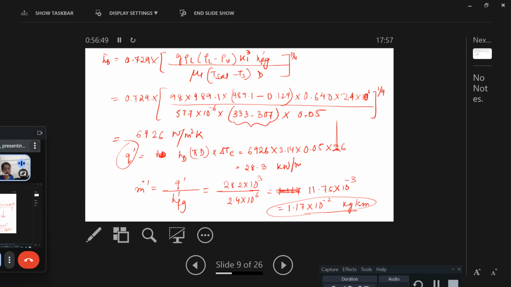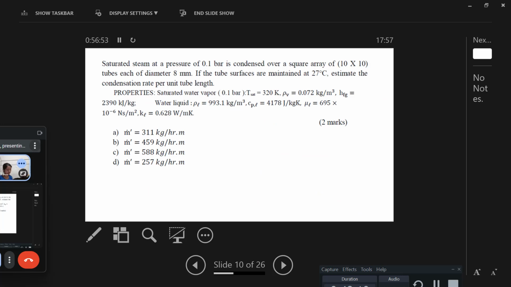So next, the next question is: saturated steam at a pressure of 0.1 bar is condensed over a square array of 10 cross 10 tubes, each of diameter 8 millimeter. So each one is having a diameter of 8 millimeter or 0.008 meter.